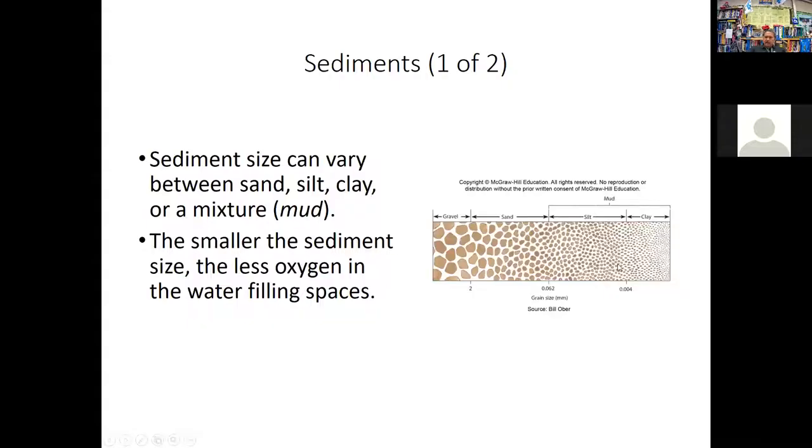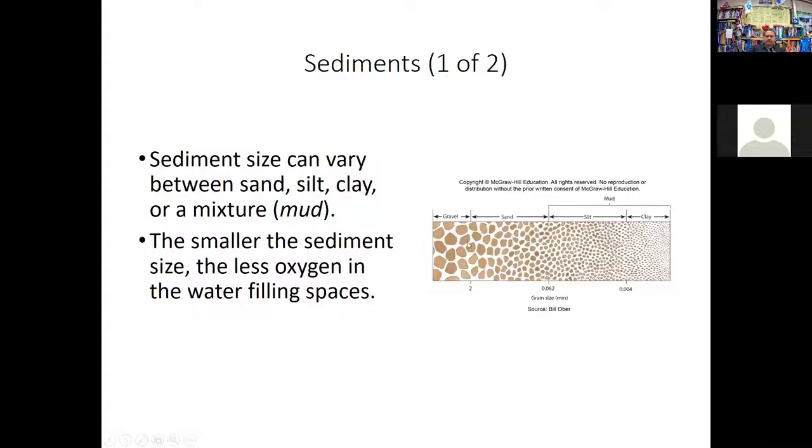And so you're going to have different, microscopic organisms that can live within these sand particles here, or these clay and silt particles. But over here with the sand, you have more space between the sand particles because of the irregularities of the surface, and even more so when you have gravel.